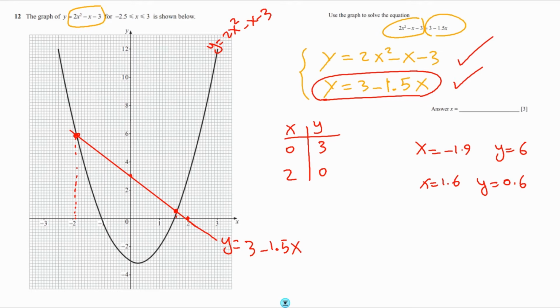Because we are looking just for the solution for x, the answers are only x equals minus 1.9 and x equals 1.6. So we have two answers here.